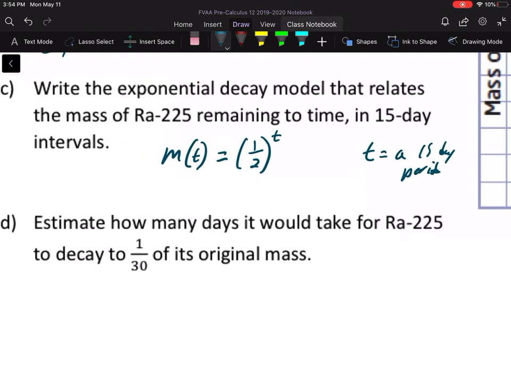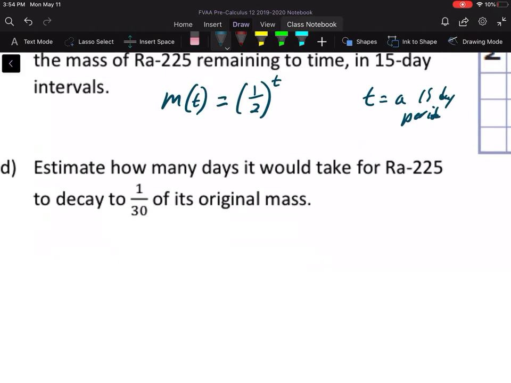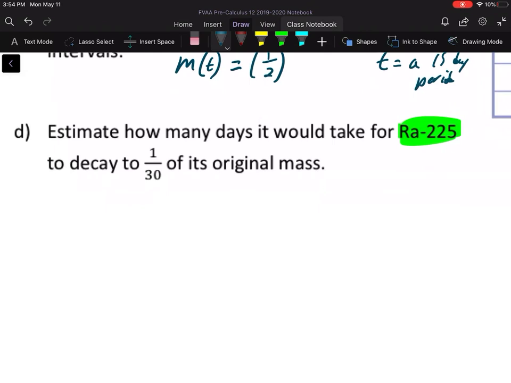Now we want to estimate how many days it will take for the radium-225 sample to decay to 1/30th of its original mass. Well, I set up this equation: 1/30 is equal to 1/2 to the t.